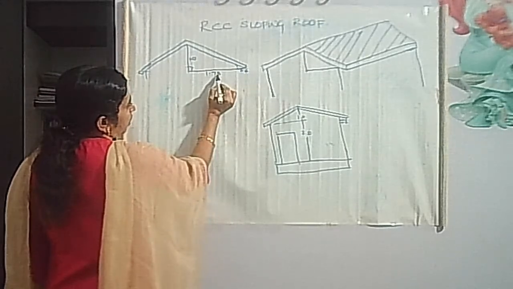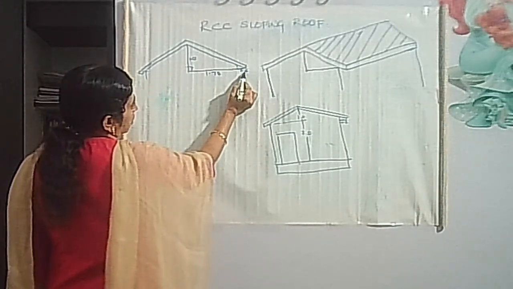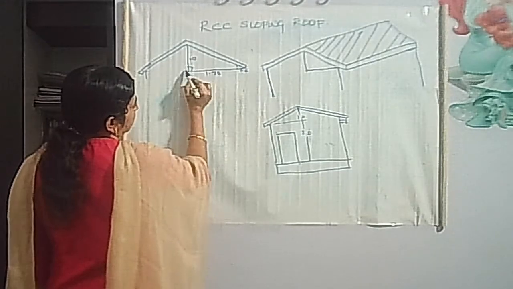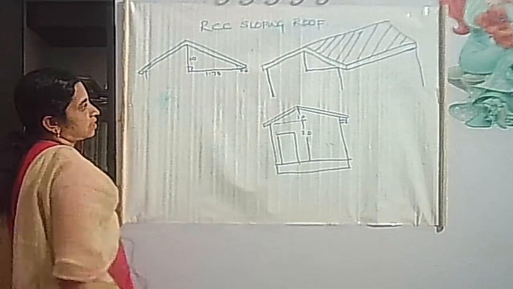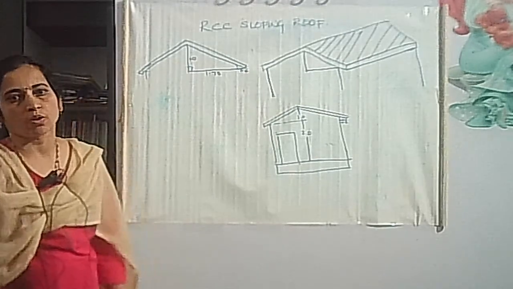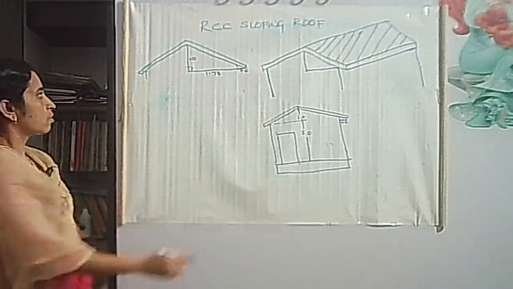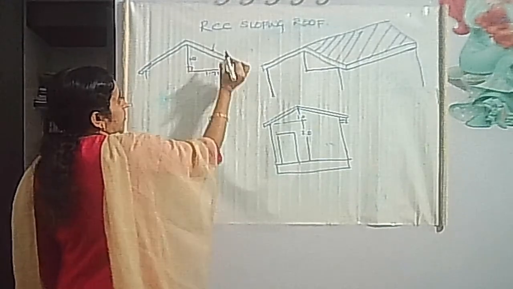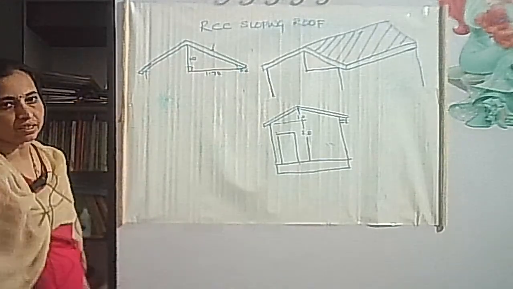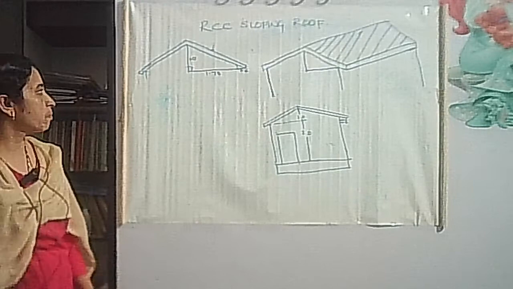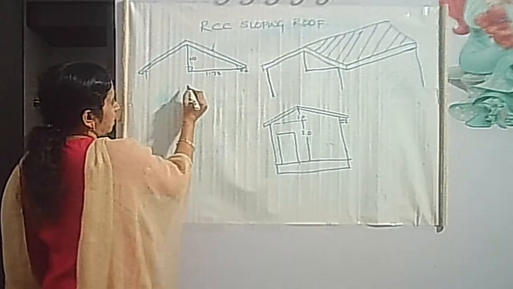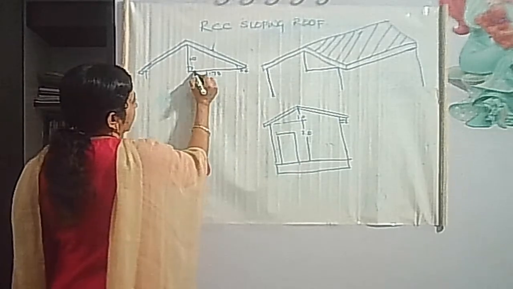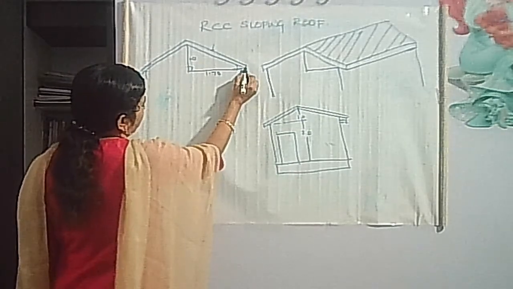So, 1.73 plus 0.6 is this horizontal distance, we know that, but we do not know this distance. So, we will apply the Pythagoras theorem here to find out the sloping length. We want to find out the sloping length. So, how do we do it? We know this and we know this projection.